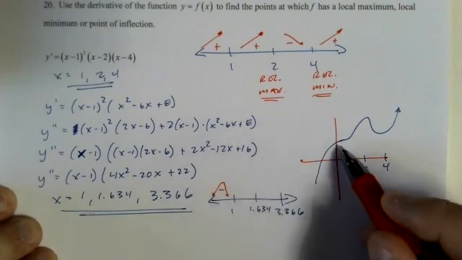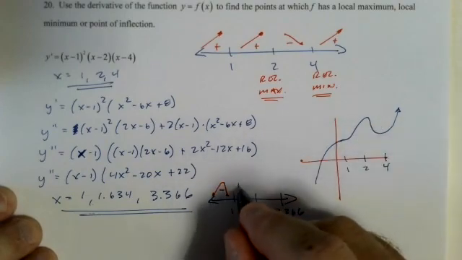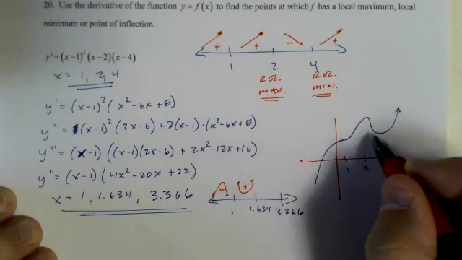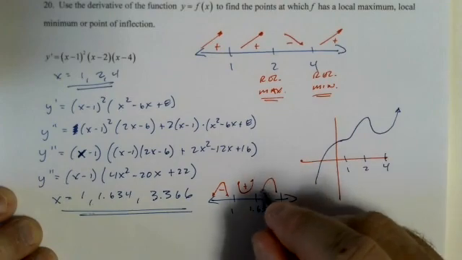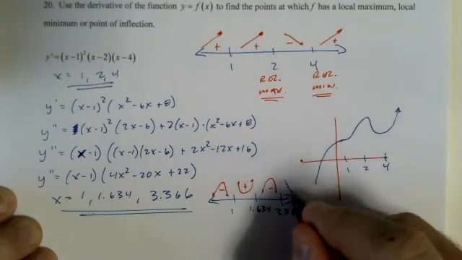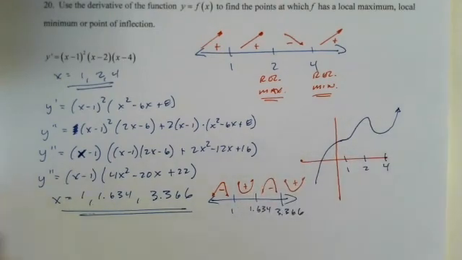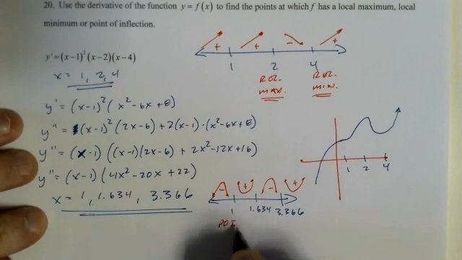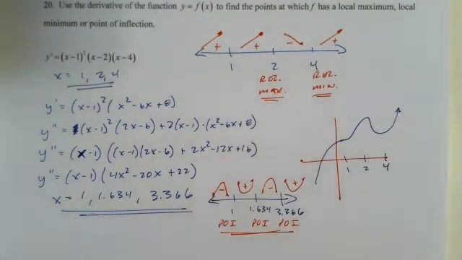Negative, negative, positive, positive, negative, negative, positive. So POI, POI, POI. And I am being lazy. I'm not writing out all the coordinates. Yeah, done.